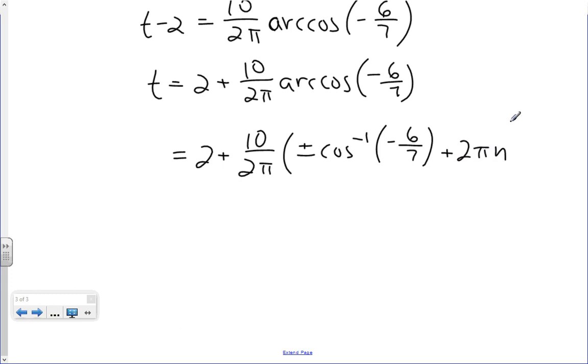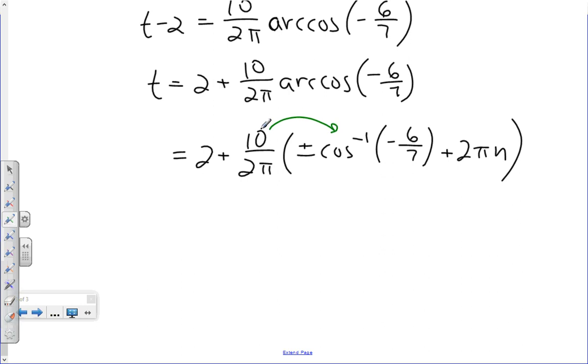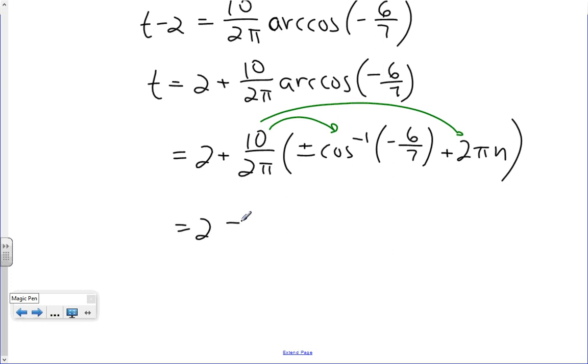If it was degrees, we'd use 360 n. And now let's distribute this 10 over 2 pi through the parentheses there. What do we end up with? We have 2. I'm going to put the plus or minus out front. 10 over 2 pi cosine inverse of a negative 6/7 plus, the 2 pi's will cancel each other out here, and I'll be left with 10n.